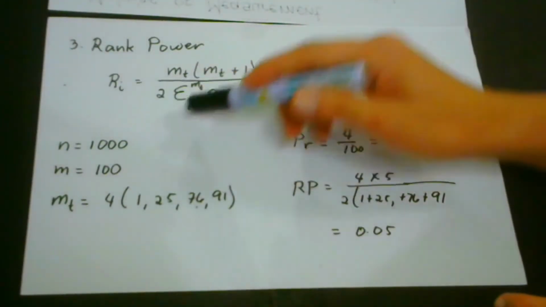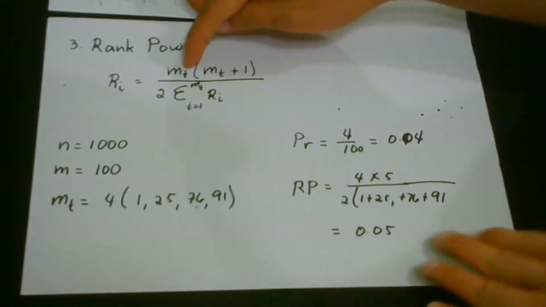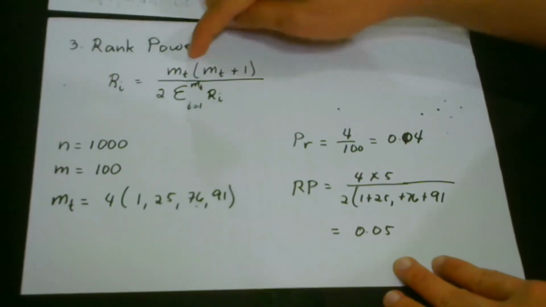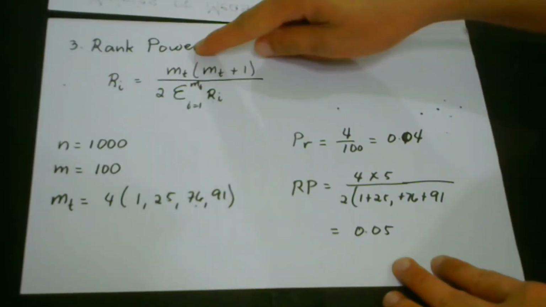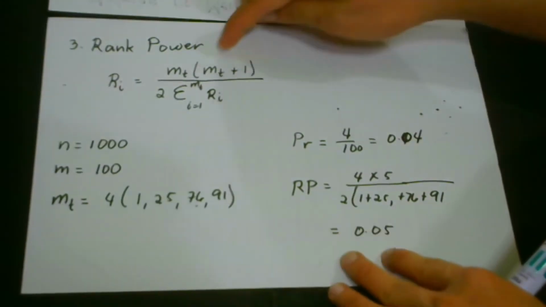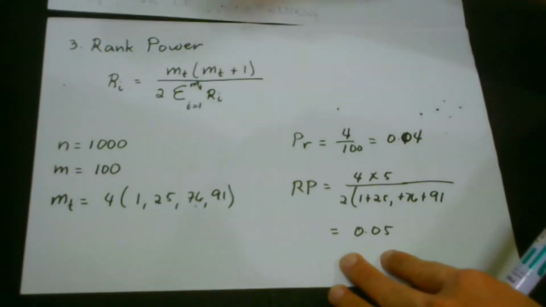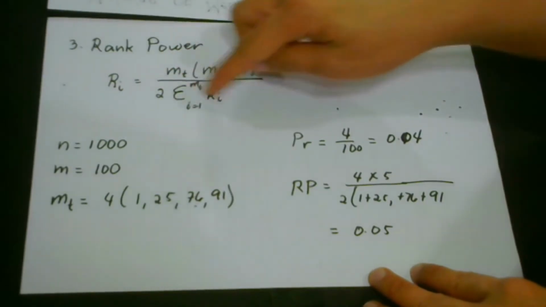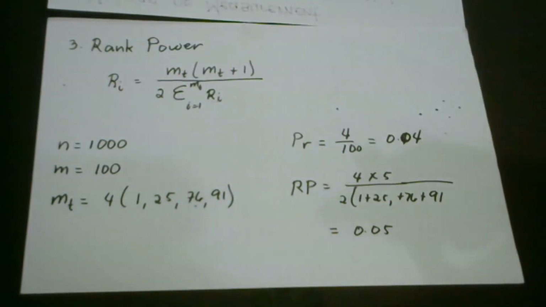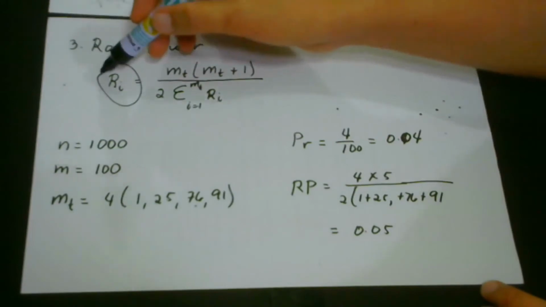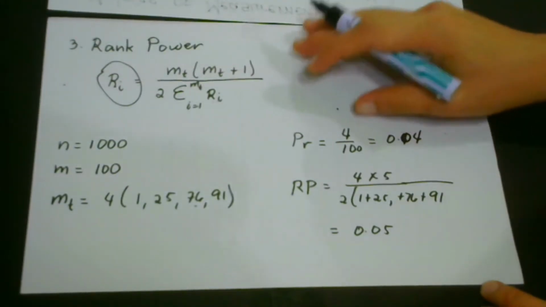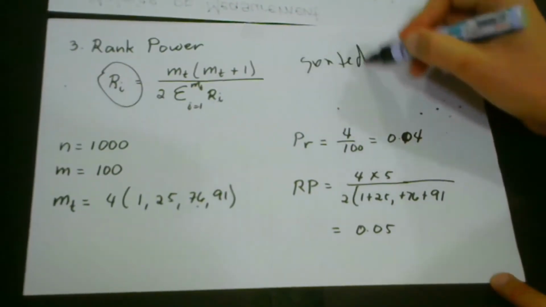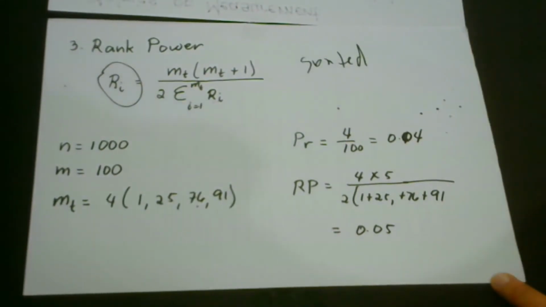We have RP equal to MT, the number of data points which we have suspected to be anomalous, multiplied by itself plus 1, over 2 times the summation of the Ri. Maybe you would want to ask, what is this Ri all about? Ri is the rank of the ith outlier in the sorted list of the most suspicious objects.